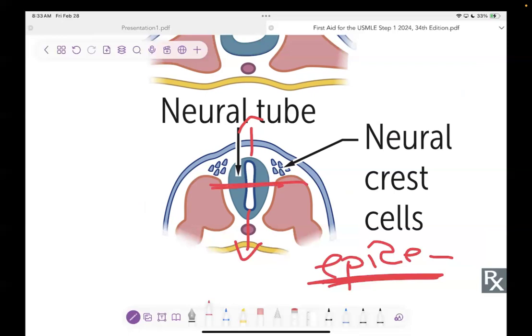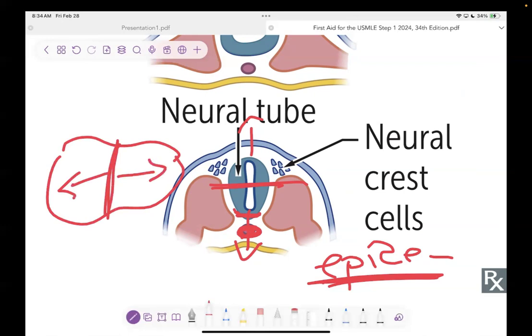And this sonic hedgehog gene, which is from the notochord, you see that it is in the anterior. The notochord is near the anterior wall of the spinal cord or brain. So whenever we say brain, the brain is also divided into two parts: the anterior part and the posterior part.